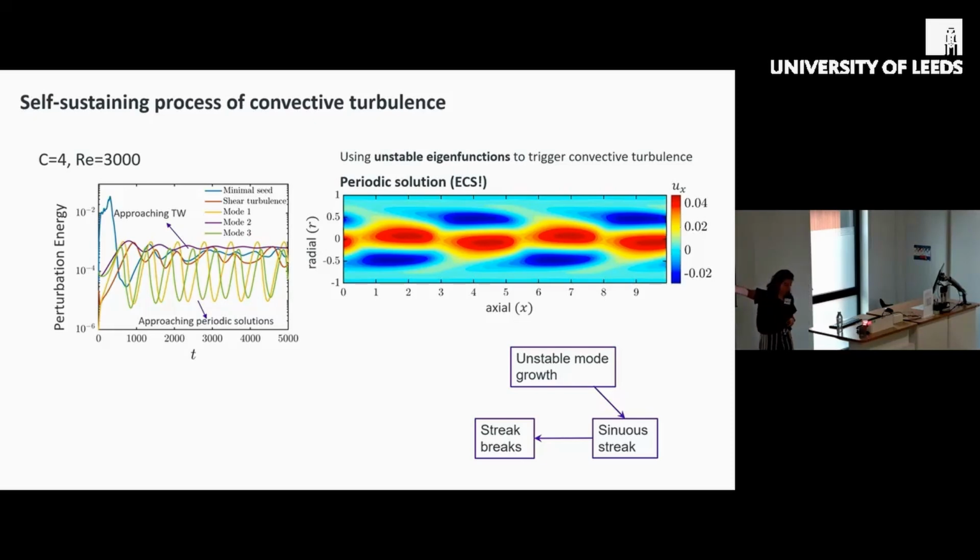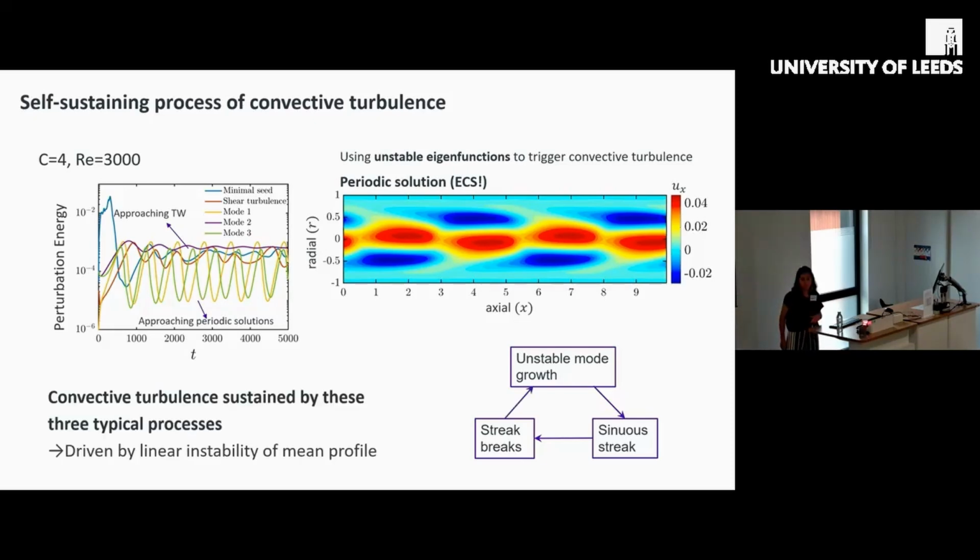So we observed these typical processes for the periodic solution, but we observed this also in the transient convective states for C4 and even up to 10, but in those cases the flow is much more chaotic, so it's more difficult to distinguish these three processes clearly, but we do observe this in the nonlinear flows as well.